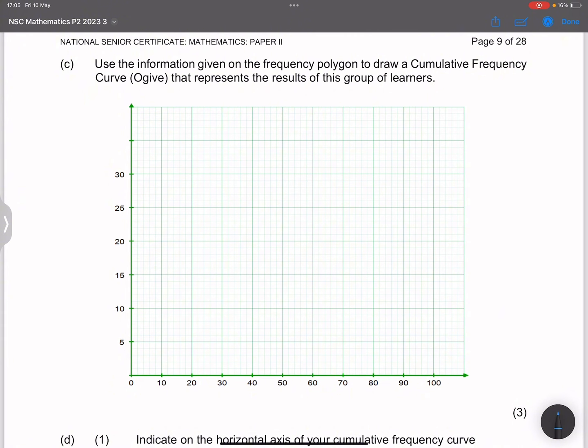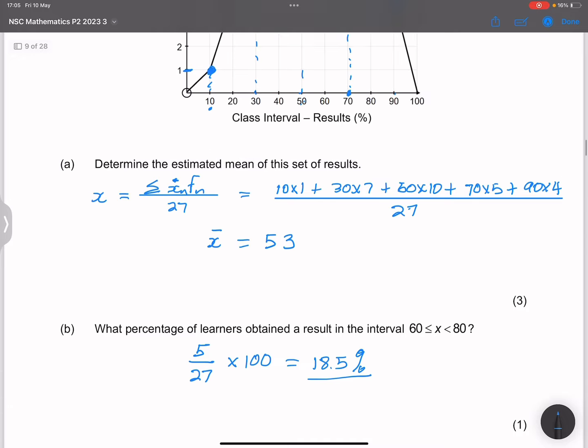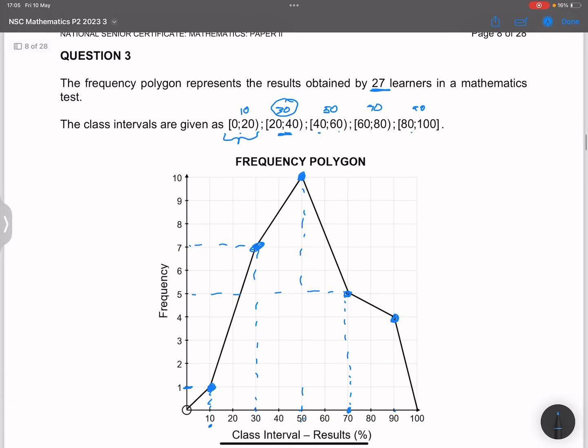Remember that when you are drawing the ogive, in the interval that you are given, you always take the upper class value. That will be your x value, and your cumulative frequency value becomes your y.